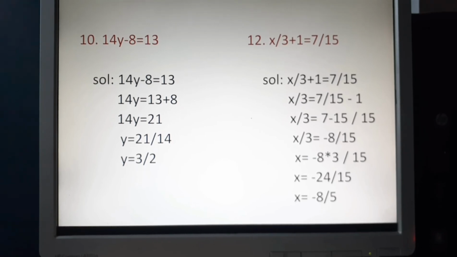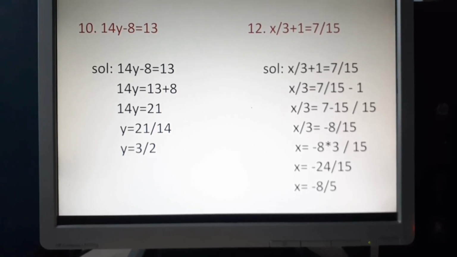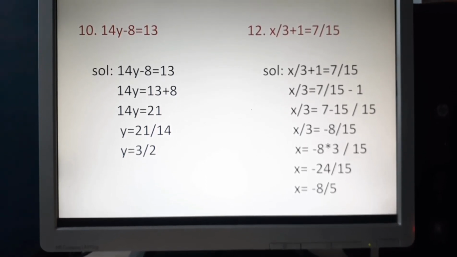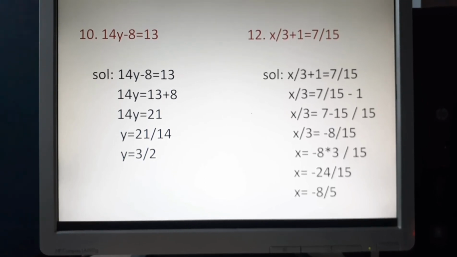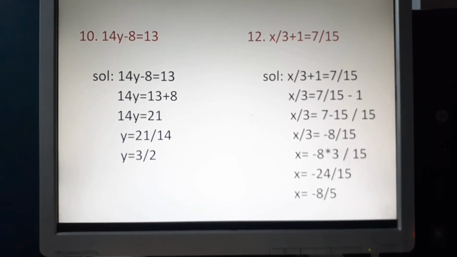Next problem, 12th one. x divided by 3 plus 1 is equal to 7 divided by 15. Solution. x divided by 3 plus 1 is equal to 7 divided by 15. Plus 1 comes that side.